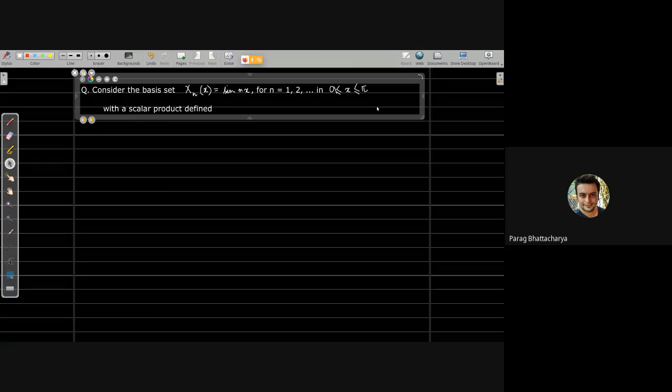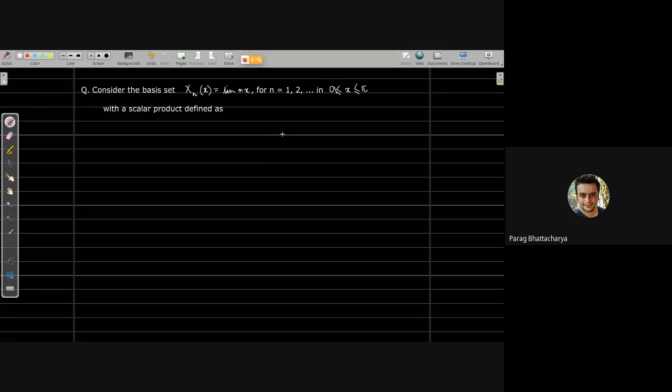We define the scalar product in this way: for some vector f and some vector g, their scalar product is equal to the integral with lower limit a, which we'll set to 0, and upper limit b, which we'll set to pi.